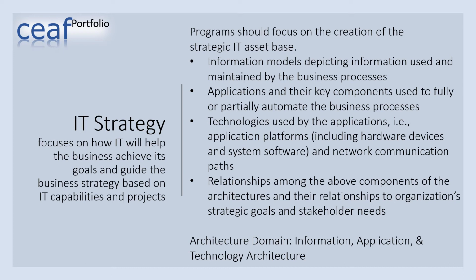Relationships among the above components and their relationships to organization strategic goals and stakeholder needs. Whereas business strategy is primarily focused on the business architecture domain, IT strategy focuses more on the assets of the technology domain of organizations. Please refer to the EA capability map for sub-capabilities of IT strategy.